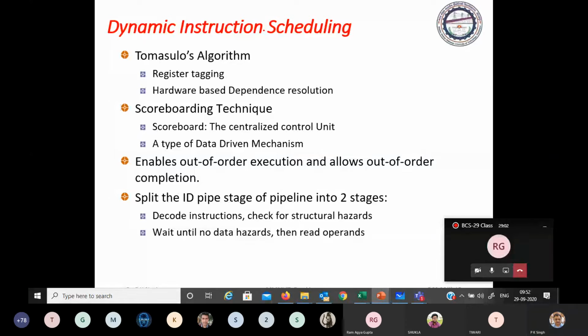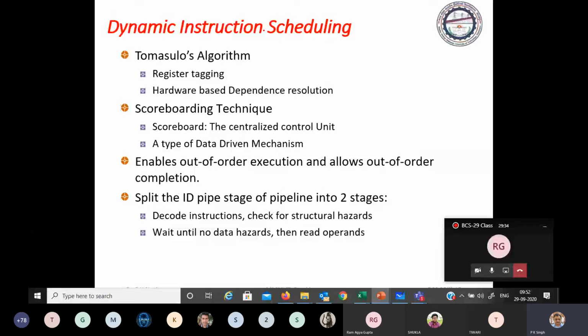So out of order execution overcomes this limitation, and we have two techniques. One is Tomasulo's algorithm, another is scoreboarding. Both are hardware based scheduling. In Tomasulo's algorithm, we use a procedure for allocating the instruction to a functional unit.